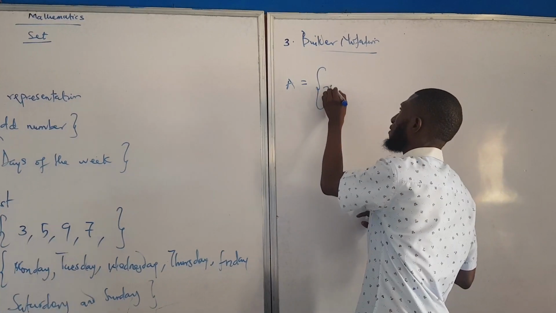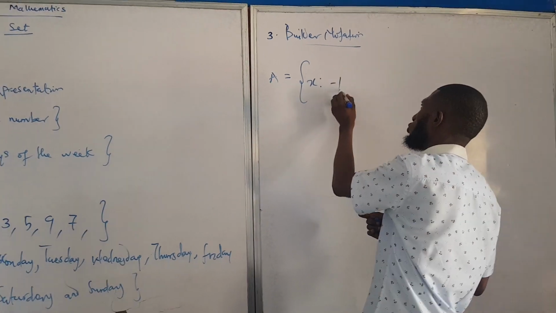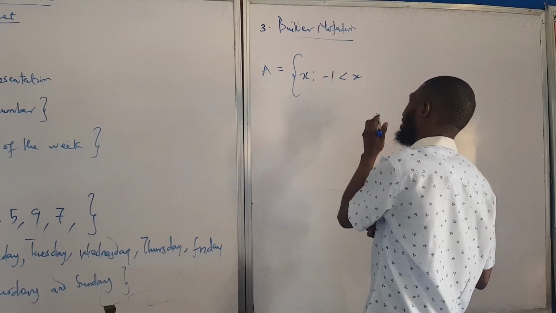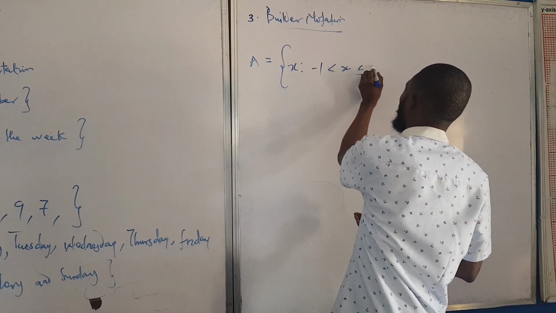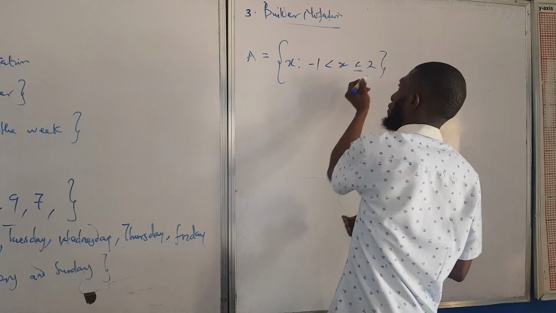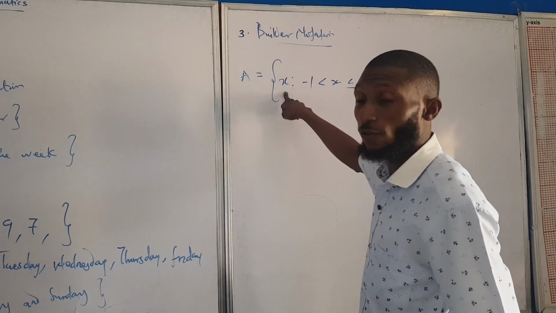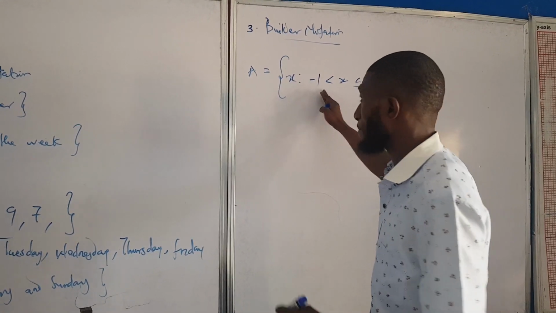Let's say we have x, and x is a member of, -1 is less than x, but x is less than or equal to, let's say, 2. Which means that this is the rule that is governing the elements of the set. Anyone in this range is a value of the set.